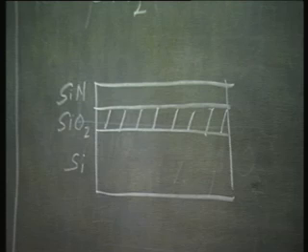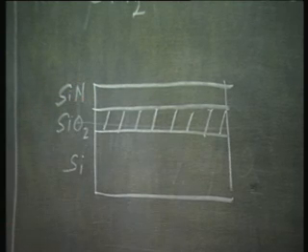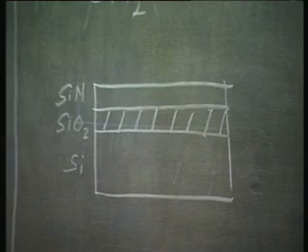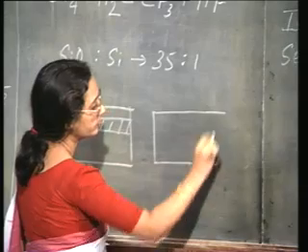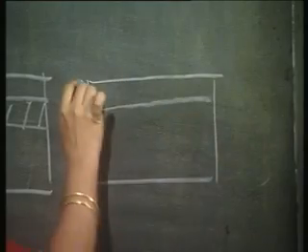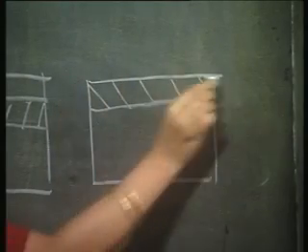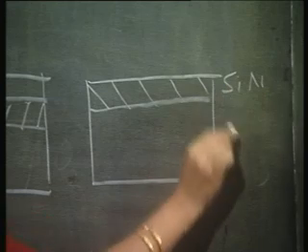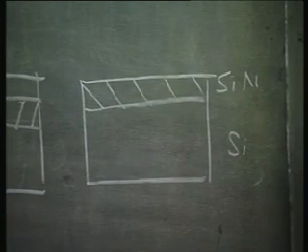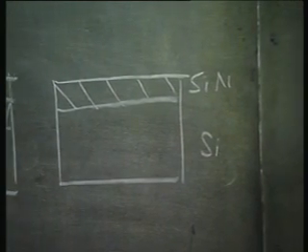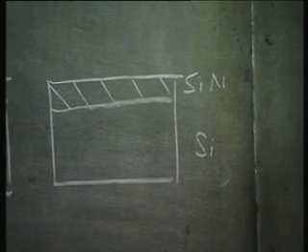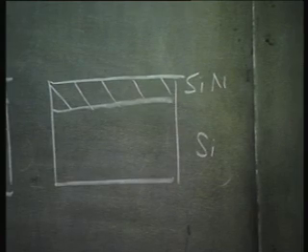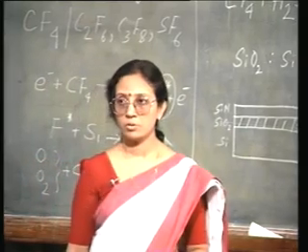In that case, when you are etching silicon nitride, you want good selectivity over silicon dioxide. Okay. On the other hand, if you simply had silicon nitride and silicon, then you would want to have good selectivity over silicon. So, depending on what your substrate is like, you should choose the feed gas composition. Okay.